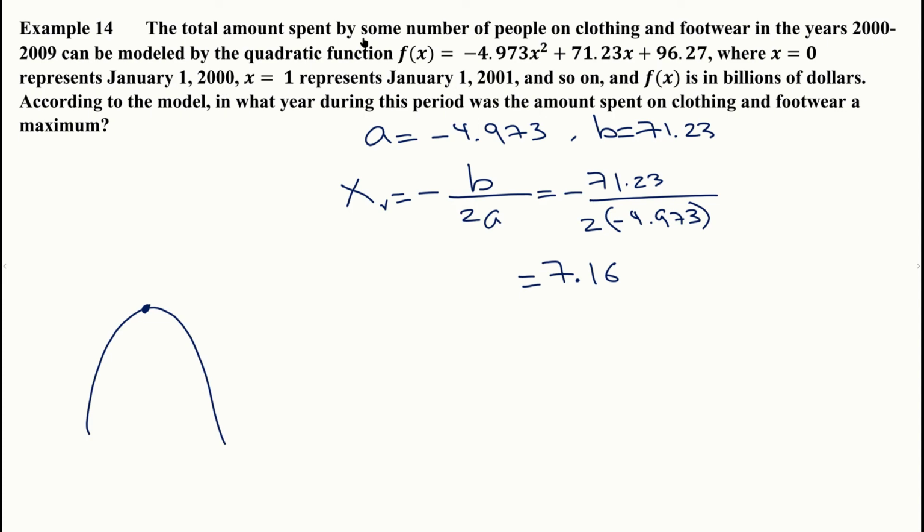And now all we need to do is add 7 to 2000, right? So basically the maximum is going to occur in the year 2007.